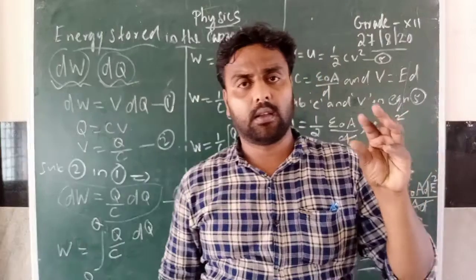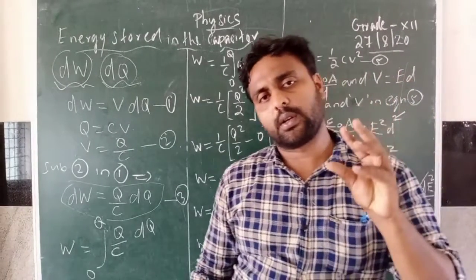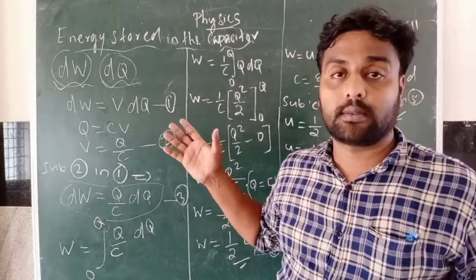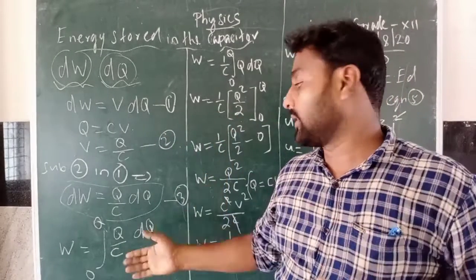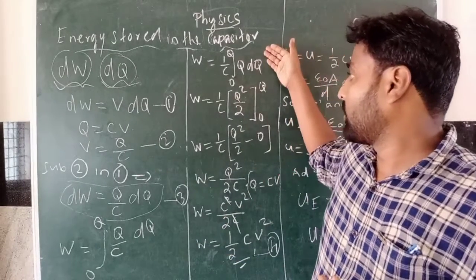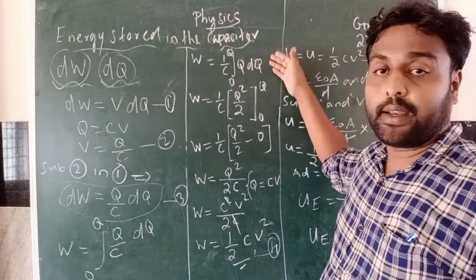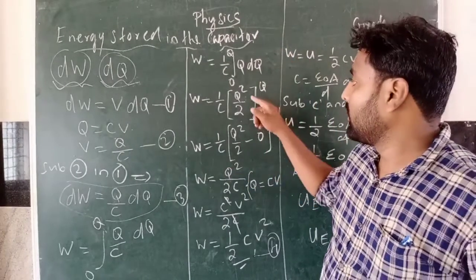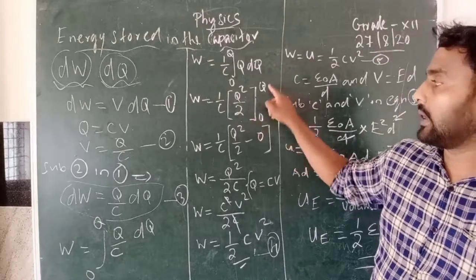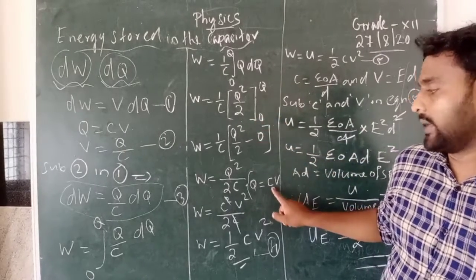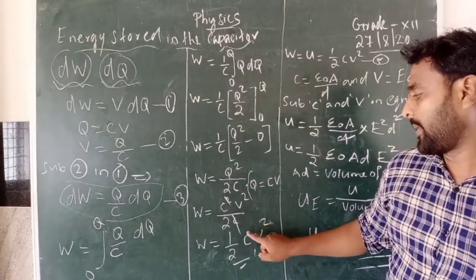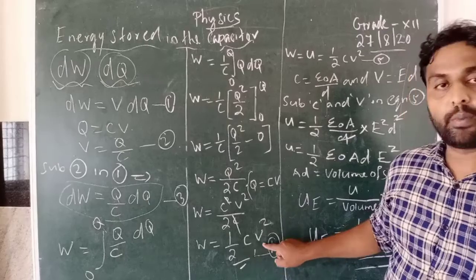Now to transfer the total charge, W is equal to the integral of Q by C dq. Q dq gives Q square by 2. Applying the limits, and Q is CV, so C cancels, giving 1 by 2 CV square.